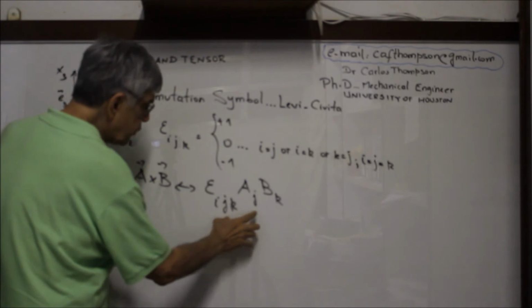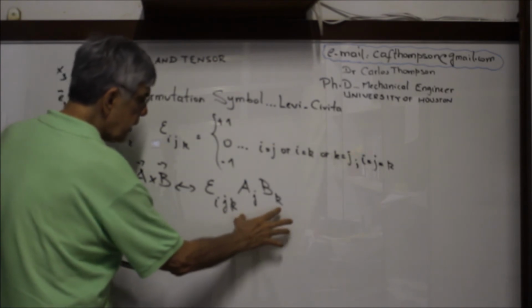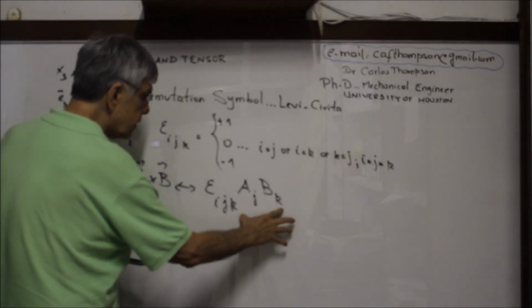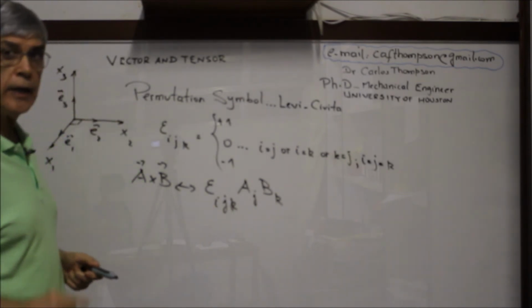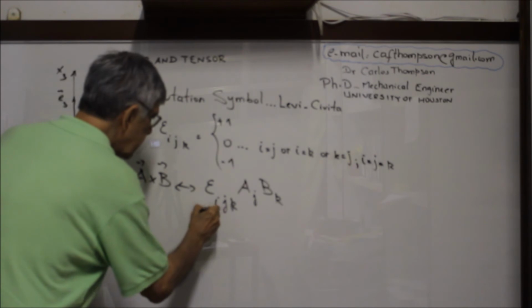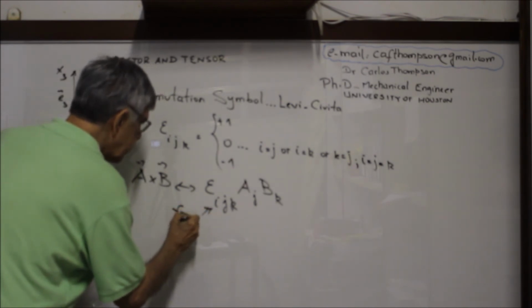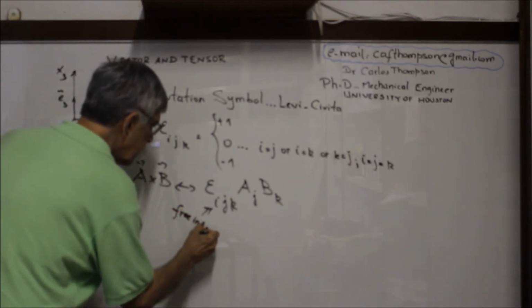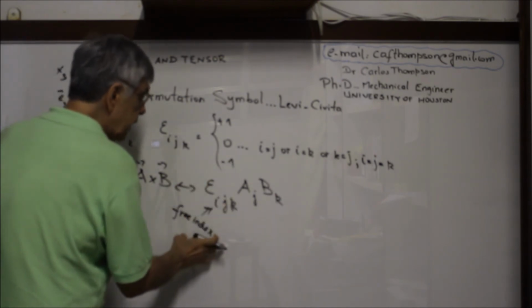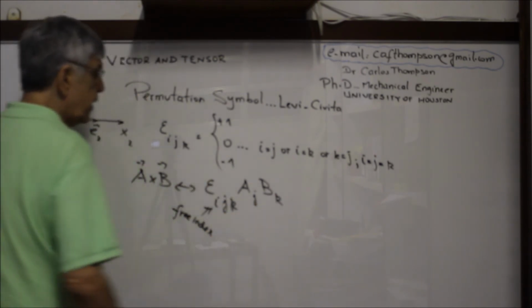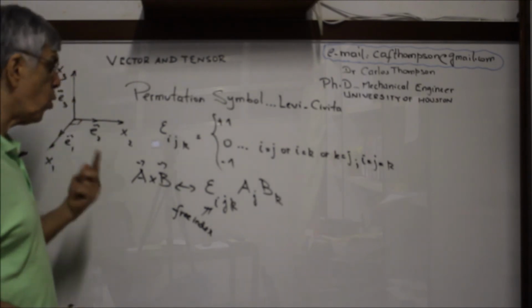Why? Because j and k are dummy indices, so i is the free index. Because you have only one free index, this is a tensor of first order.